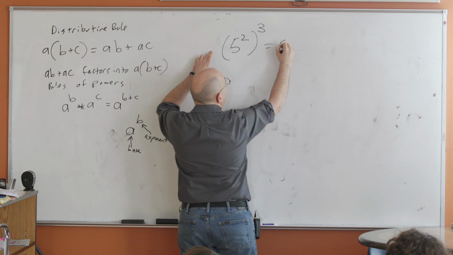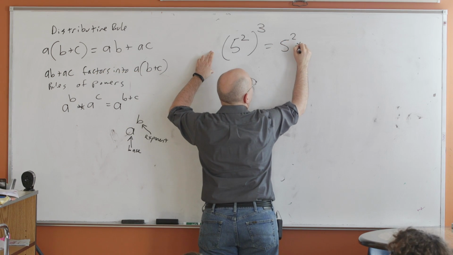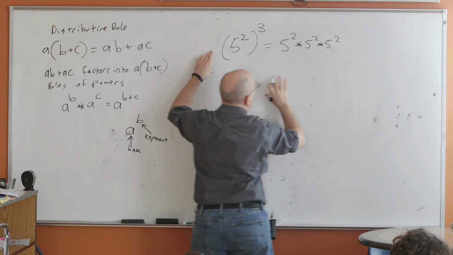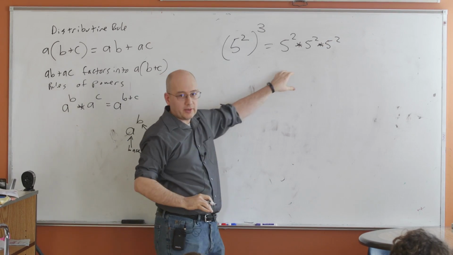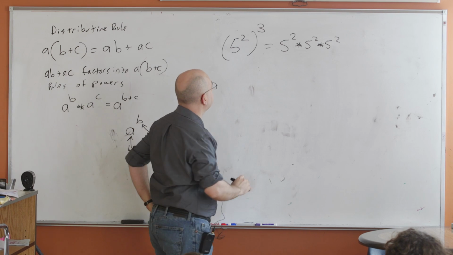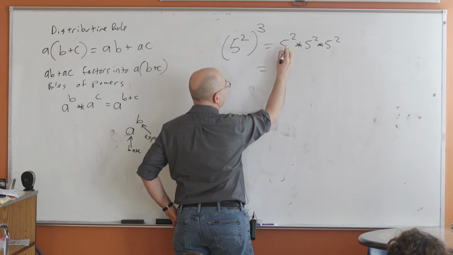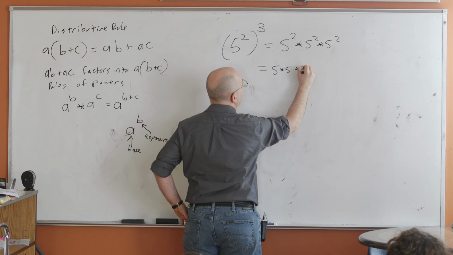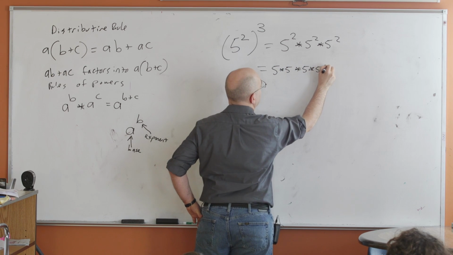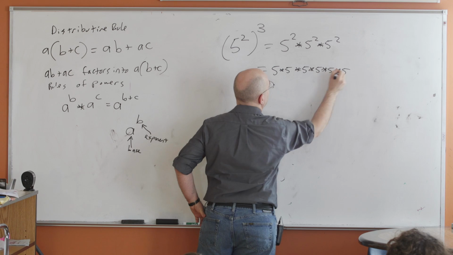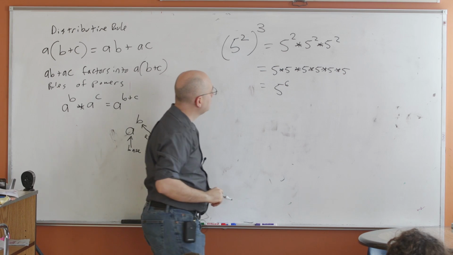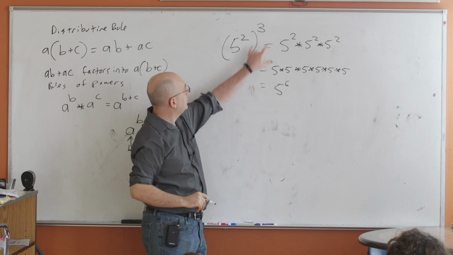Well, kind of by definition, I have 3 5 squareds here, and then each 5 squared is itself 2 5s. And so that's 5 to the 6th. And how is 6 related to 2 and 3?